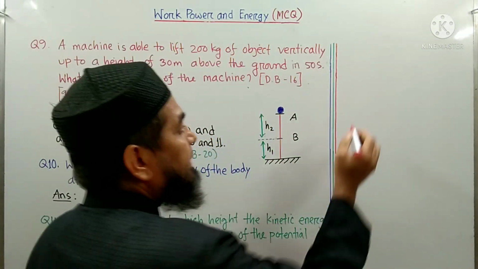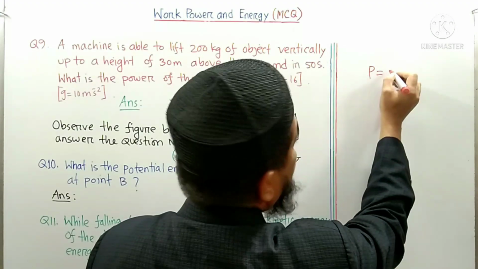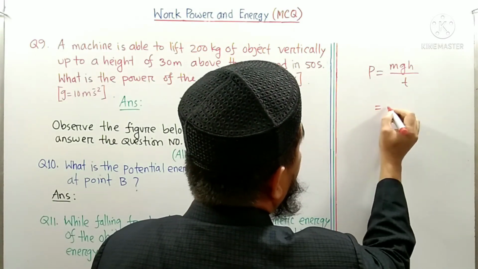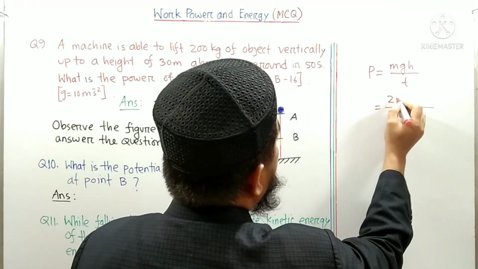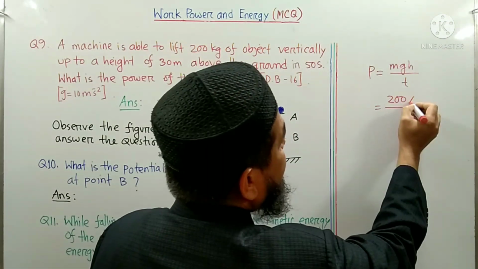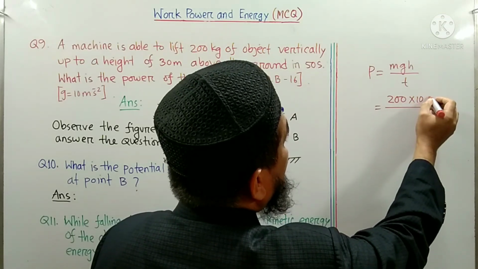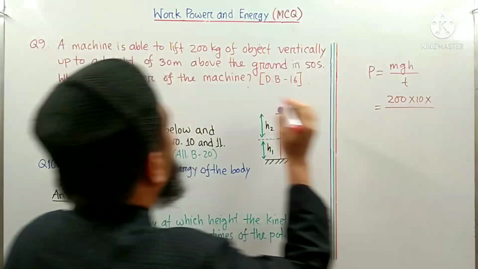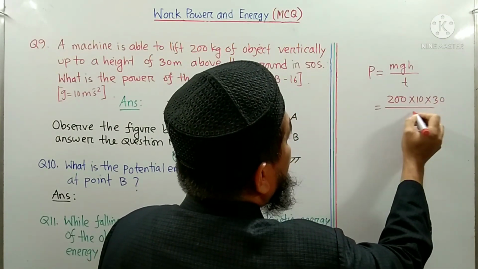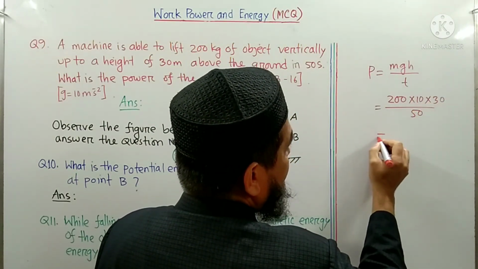So from the definition of power, P is equal to mgh by t. Here mass m is equal to 200 kg, g is equal to 10 meter per second square, h is equal to 30 meter and t is 50 second.